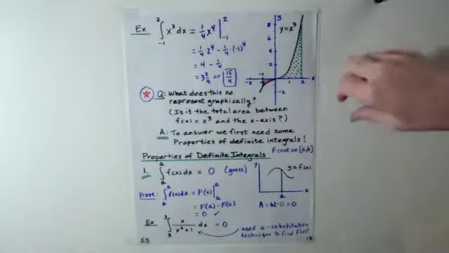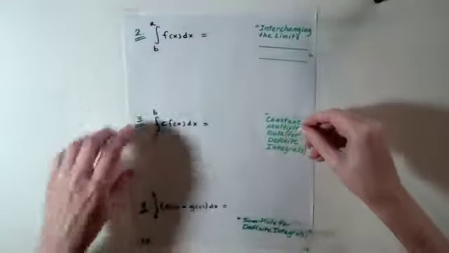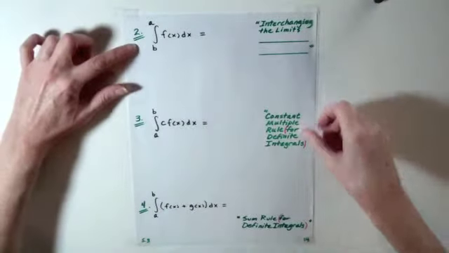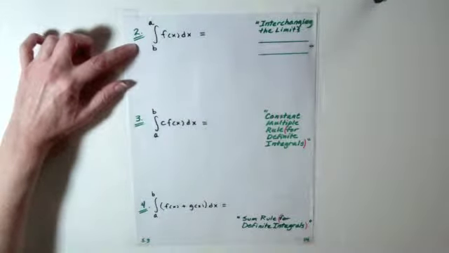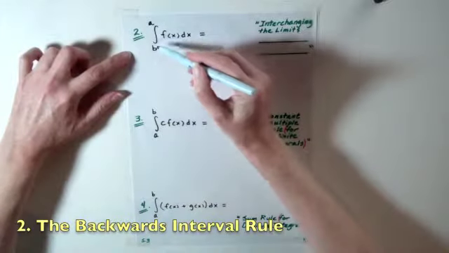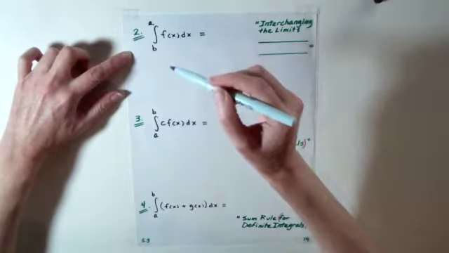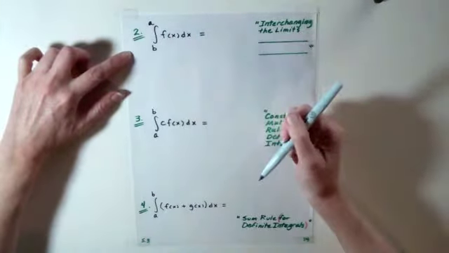Well, let's go ahead and look at the next page and some more properties of definite integrals. So the next property that I have up here at the top, property number 2, you notice what's a little strange about this definite integral is that it is the integral from b to a of little f of x dx rather than the integral from a to b of f of x dx.